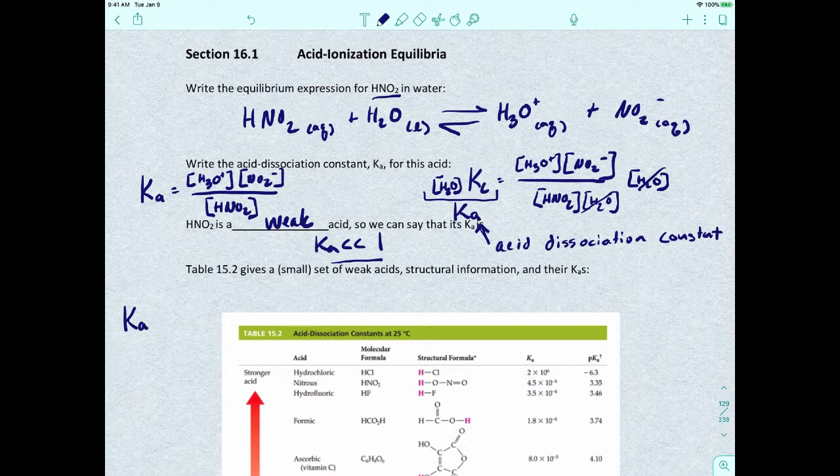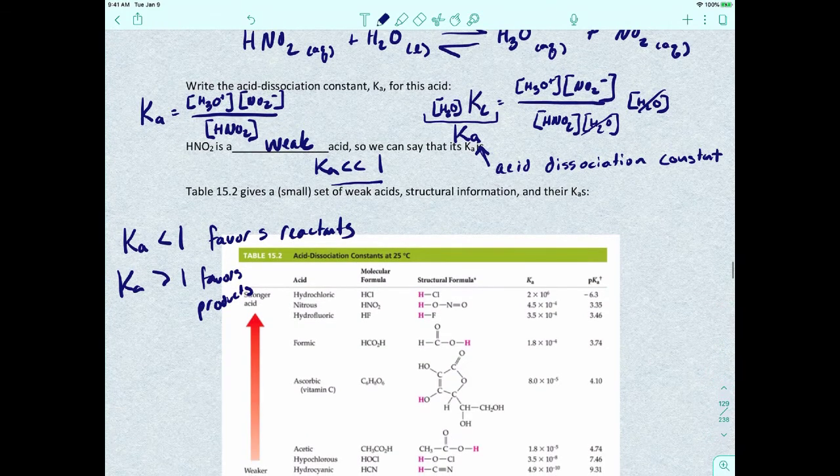If the Ka value is less than 1, then we know that the reaction favors reactants. If the Ka is greater than 1, it favors products. And if the Ka is equal to 1, that's at equilibrium.